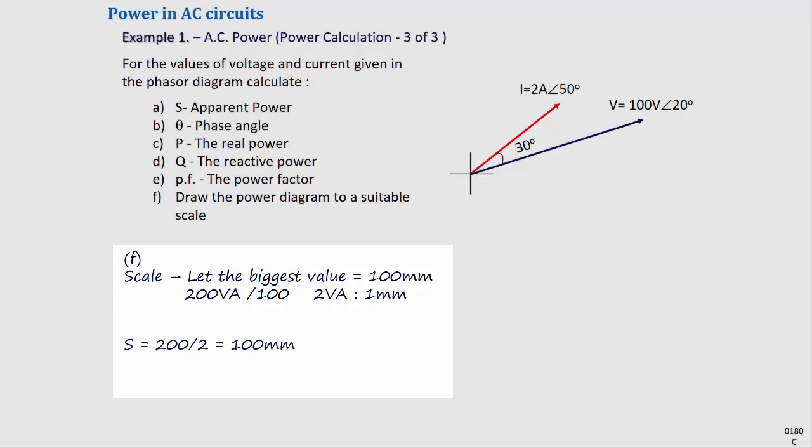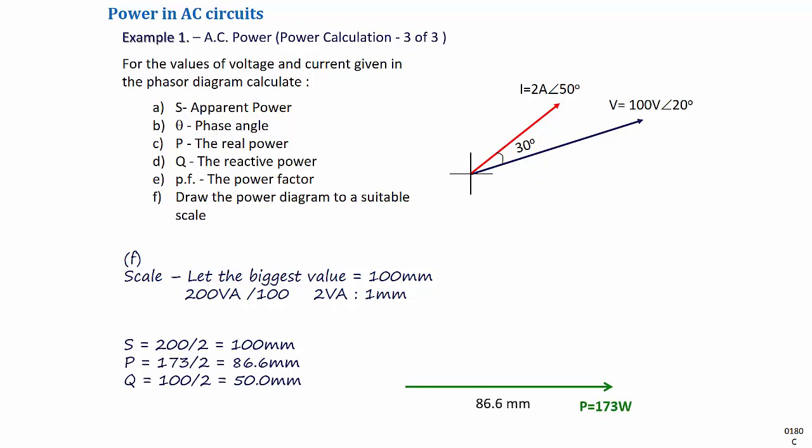So the apparent power S equals 200 divided by 2, which equals 100 millimeters. And the real power P equals 173 divided by 2, which equals 86.6 millimeters. And finally, the reactive power Q equals 100 divided by 2, which equals 50 millimeters.